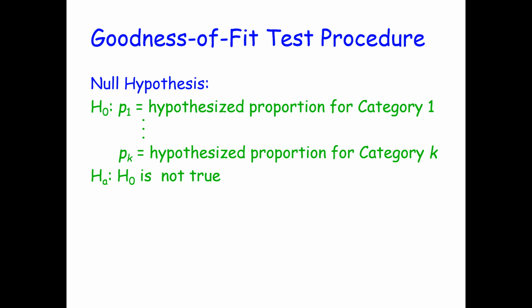Our null hypothesis is that P sub 1 equals the hypothesized proportion for category 1, P sub 2 would be the hypothesized proportion for category 2, all the way down to P sub K, where P sub K is the hypothesized proportion for category K. And then your alternative hypothesis, or your H sub A, is that your null hypothesis is not true. So H sub naught is not true.